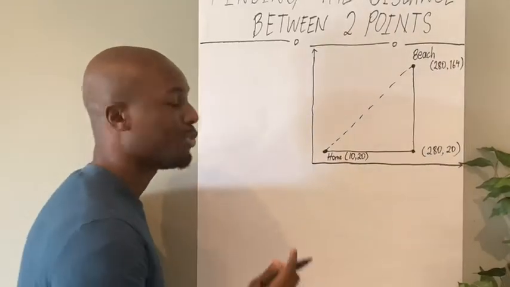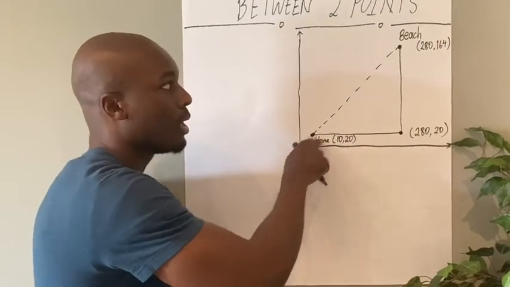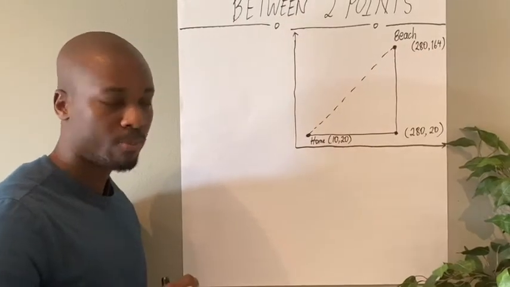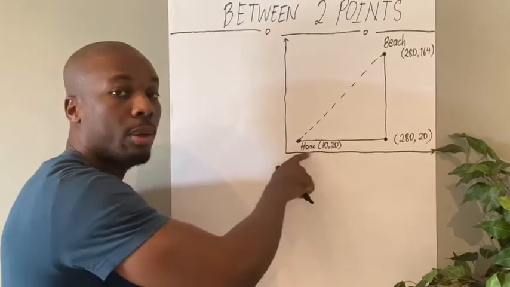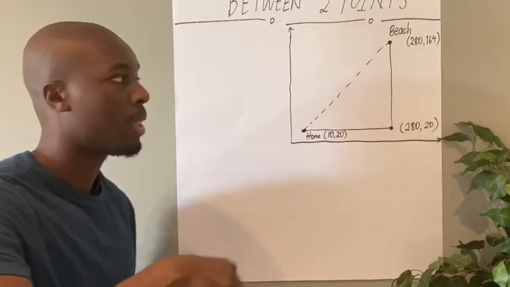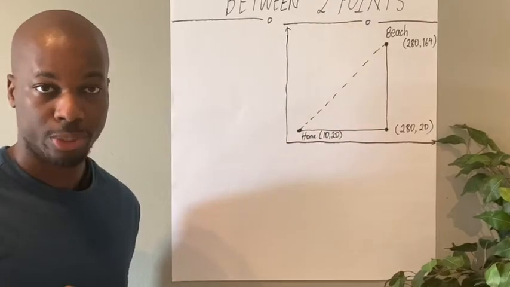Francisca wants to find the distance from her house to the beach. She's been able to find the coordinates of the point at her house and the coordinates of the point at the beach.